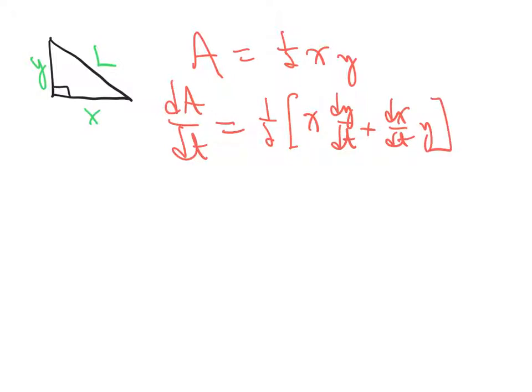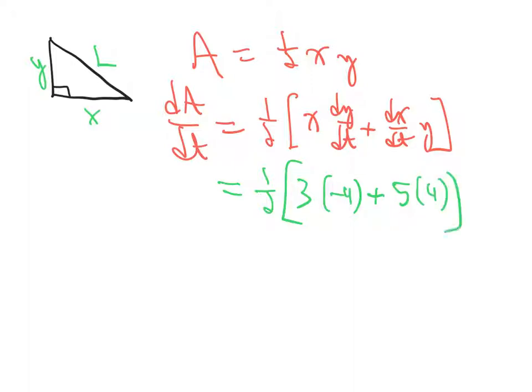But now we're in really good shape because we have all of those values that we need. For instance, we have that x at the moment we care about is 3, and we know that dy/dt is minus 4. And at the moment we care about, we know that dx/dt is plus 5, while y at that moment is 4. So we actually have everything we need for dA/dt, and we just do some arithmetic.